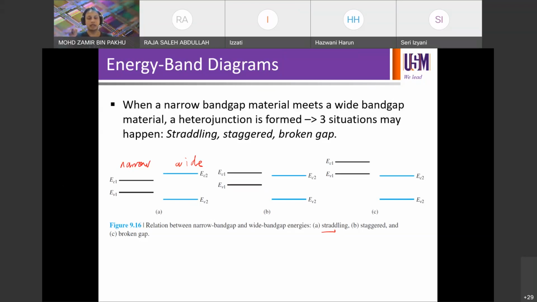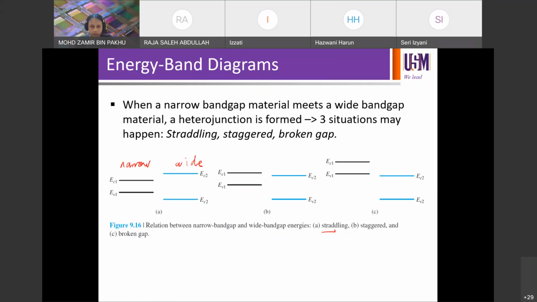For straddling, the EC and EV lie within the EC and EV of the wide band gap. Maksudnya, the EC here and EV here are within the boundary of EC2 and EV2. Let's call this 1 and 2. So EC1 and EV1 are within EC2 and EV2. So they are right within the wide band gap. So we call that a straddling case.